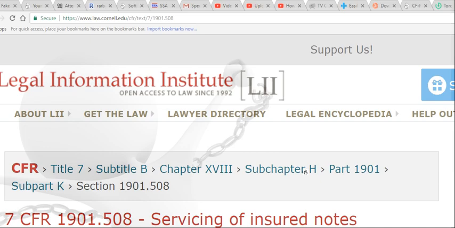Ladies and gentlemen, we told you about this particular code, 7 CFR, Code of Federal Regulations, 1901.508. 1901.508, everyone, is the agricultural code. It's Title 7, Part 1901, section 1901.508.